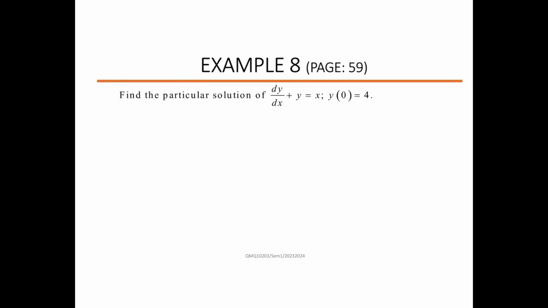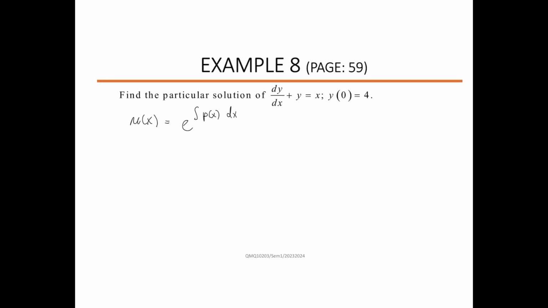Let's see example number 8. Find a particular solution for dy over dx plus y equal to x. Alright, to solve for this one, find the integrating factor mu(x). So this is already in standard form, so mu(x) is e to the power of the integral of P(x) with respect to dx.